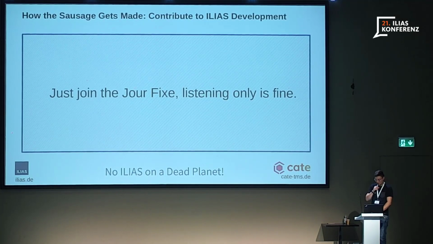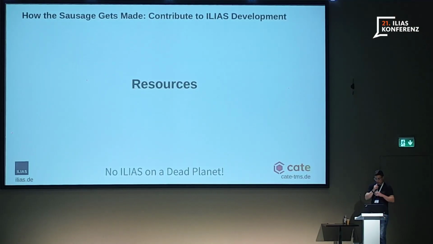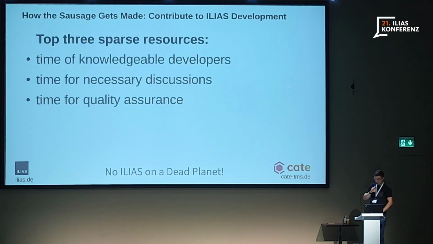So, thank you. I talked about resources a lot, and I want to expand on this a little. As I said, the top 3 sparse resources are time of knowledgeable developers, time for necessary discussions and feature work, and time for quality assurance.